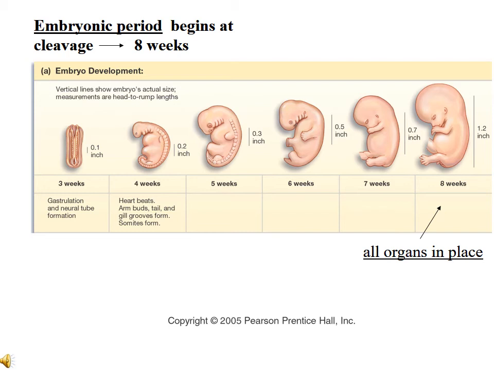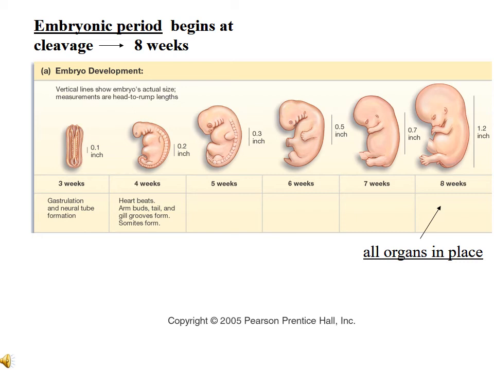And you can see that this little critter has all of the organs in place. The heart is beating, the blood is circulating, the kidneys are there, the brain is there, and all the little parts and pieces of an organism are in place, but they're not functioning yet.